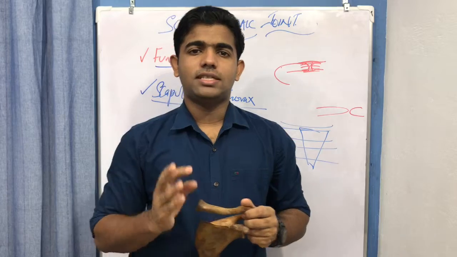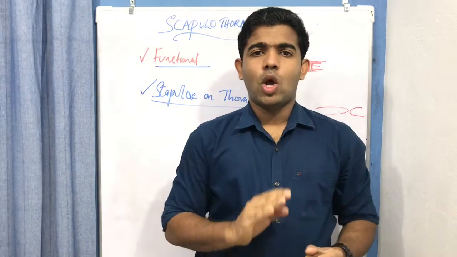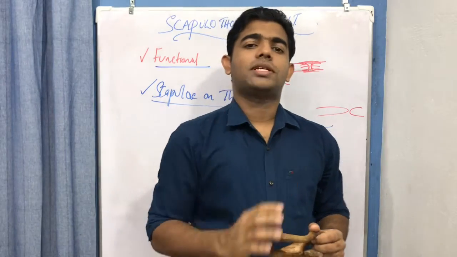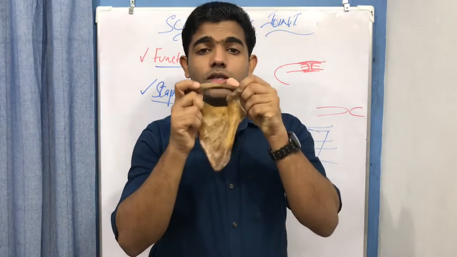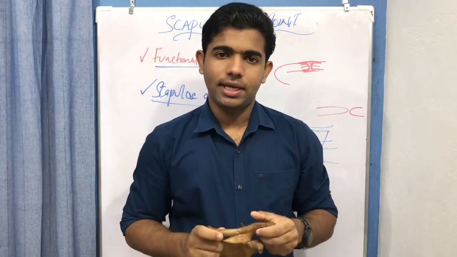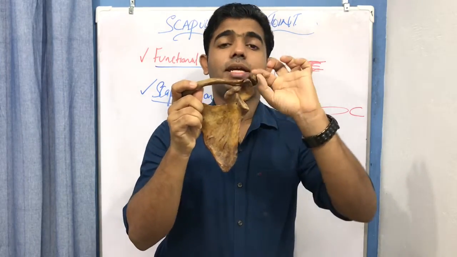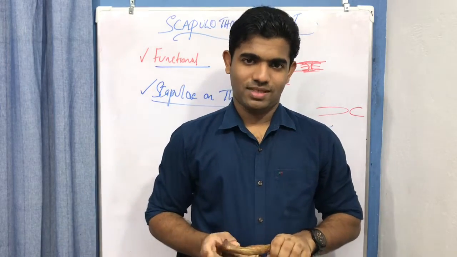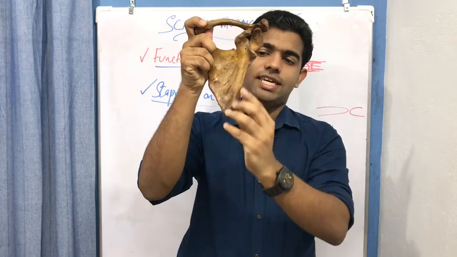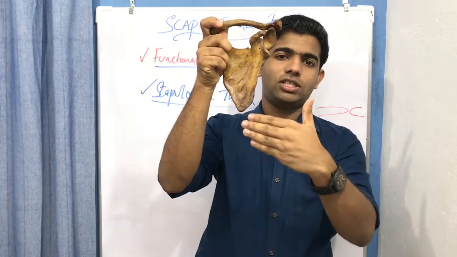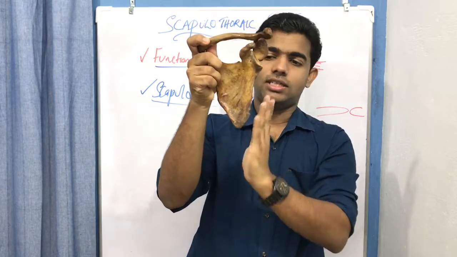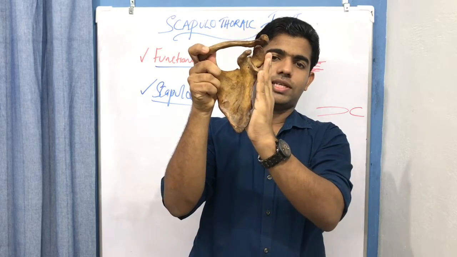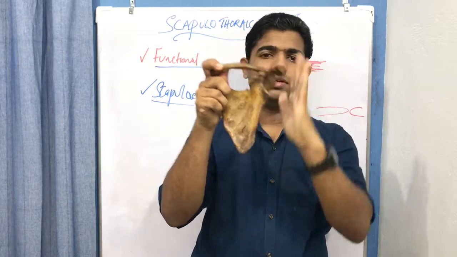That means the structural integrity and the motions in the scapulothoracic joint are possible due to the movements taking place in the acromioclavicular and sternoclavicular joints. If you look closely, we have the thorax on one end, the sternum on the other end, then the continuity of scapula, acromion and clavicle.